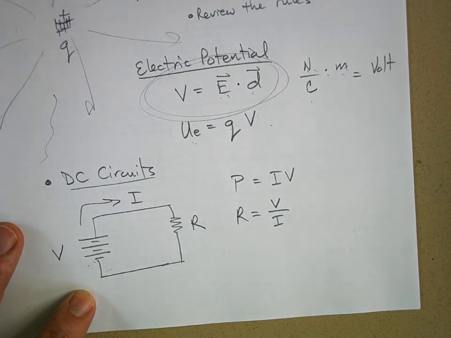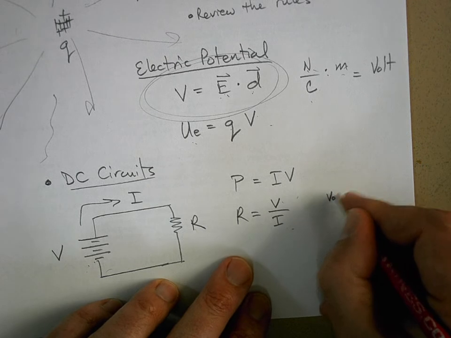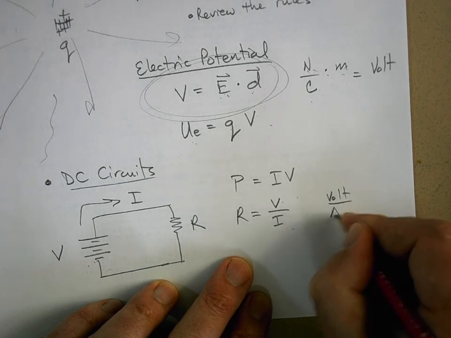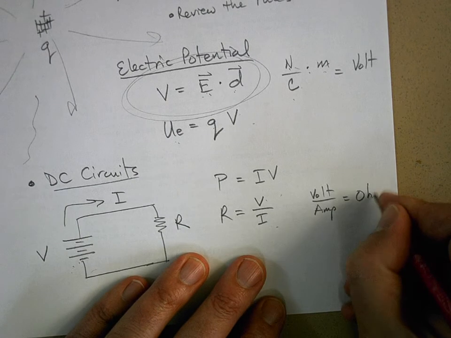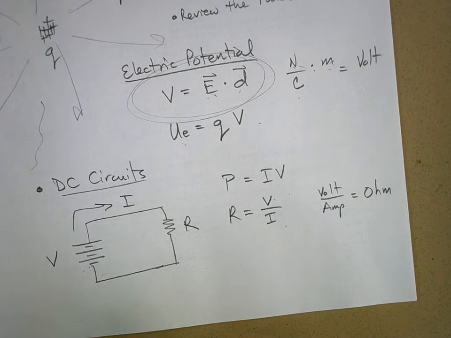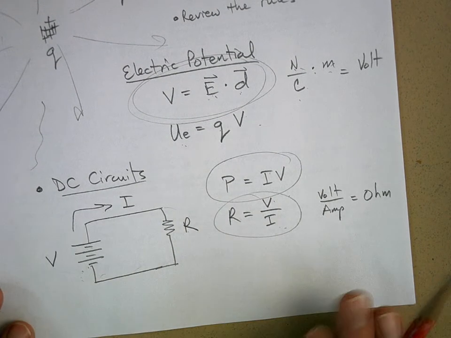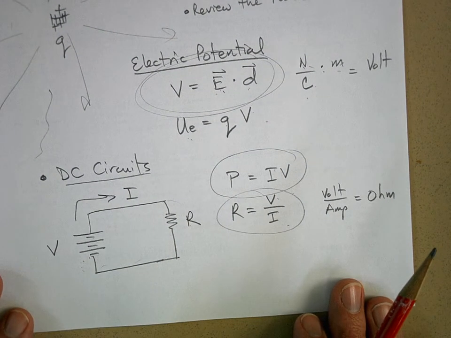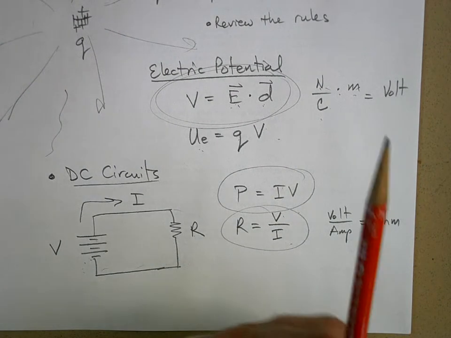The unit of resistance, a volt per amp, is called an ohm. So make sure you understand how to use these two equations to solve very, very simple DC circuit problems. And they'll be that easy.